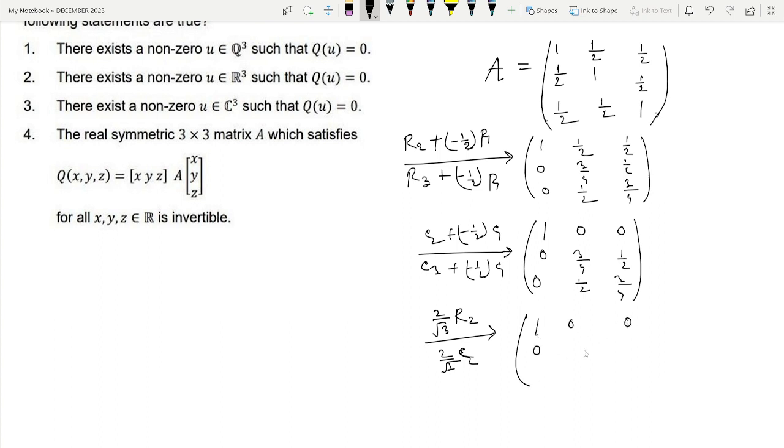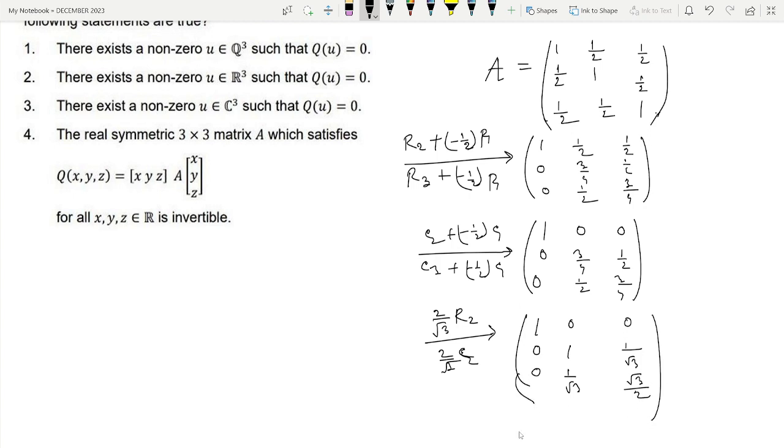This is 0 1, and for this element it will be 1 by root 3 probably, and for the second column it will be 0, 1, 1 by root 3, and this is root 3 in numerator and 2 in the denominator probably.